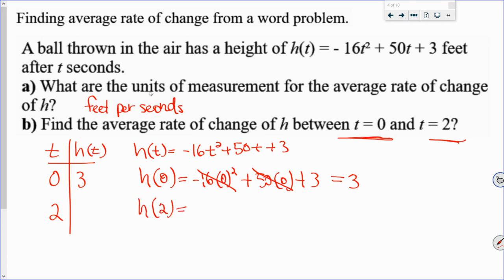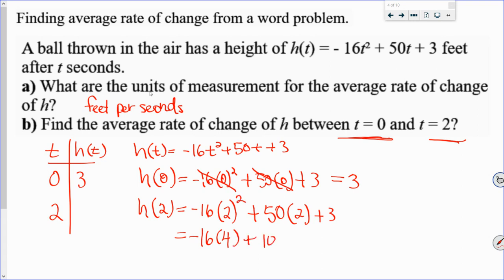Need to do the same thing with 2. It's negative 16 times 2 squared plus 50 times 2 plus 3. So 2 squared is 4. So this is negative 16 times 4, plus 50 times 2, which is 100. By the way, I had written it before, the power should be squared.